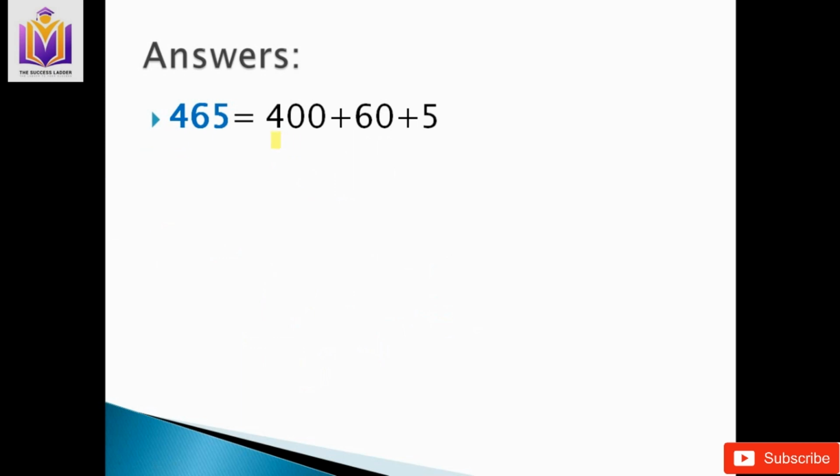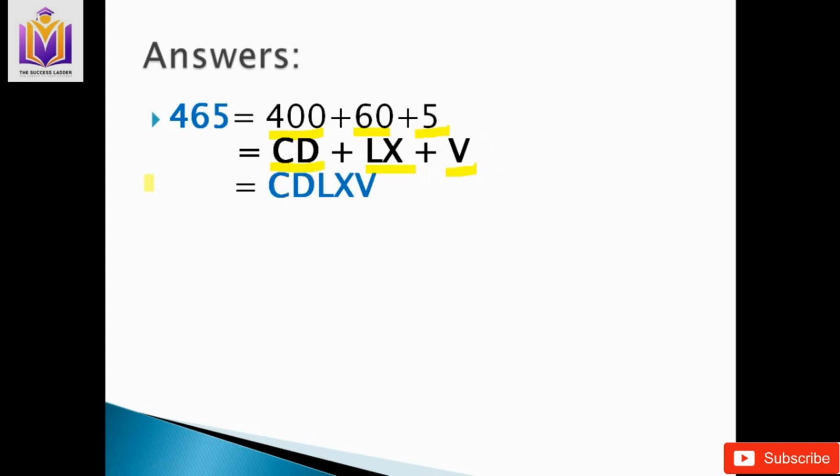Moving on to the third, it is 465. First we will split it down and we can write it as 400 plus 60 plus 5. Now we have to write all this in Roman numerals. 400 stands as CD, 60 as LX, and V we can write for 5.